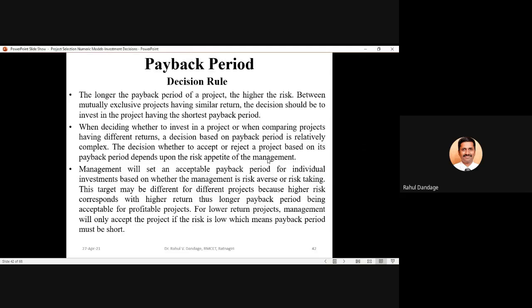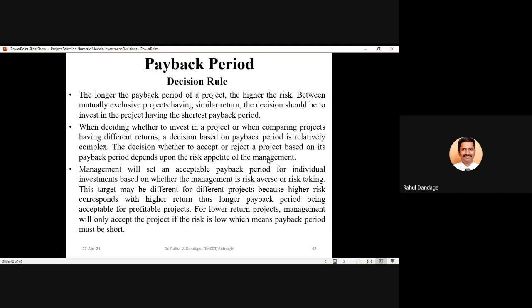But when the returns are different, the comparison cannot be made on a common timeline or common basis. So the selection or rejection of the project depends upon the risk appetite and risk-taking capabilities of the management. Sometimes the management may set a benchmark payback period.